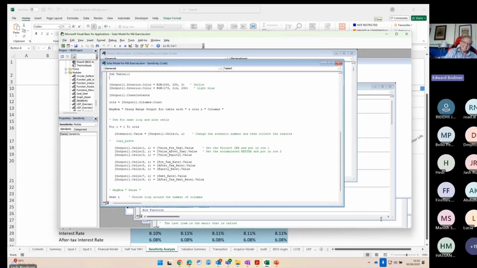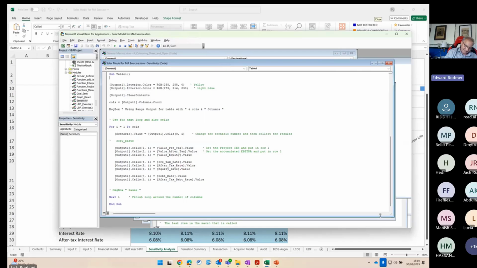So we did that last time. We made a little for loop and cells. This time, what you can do is that output is a whole range name. And in that output, we go around that output and you can see, I put a message box. Do you see it says scenario value equals output cells 0, 1.